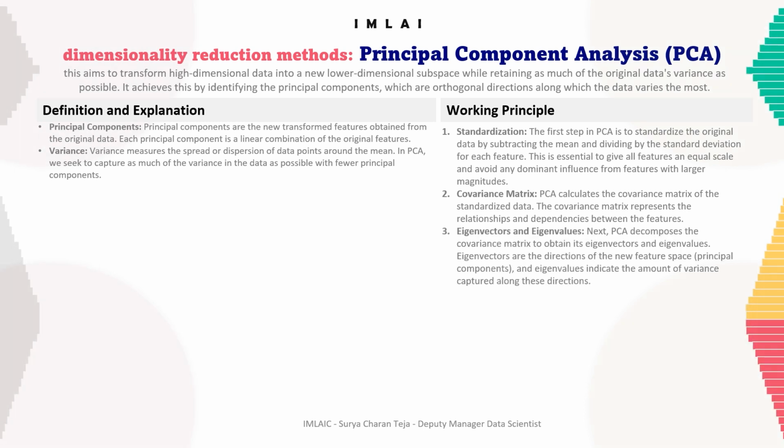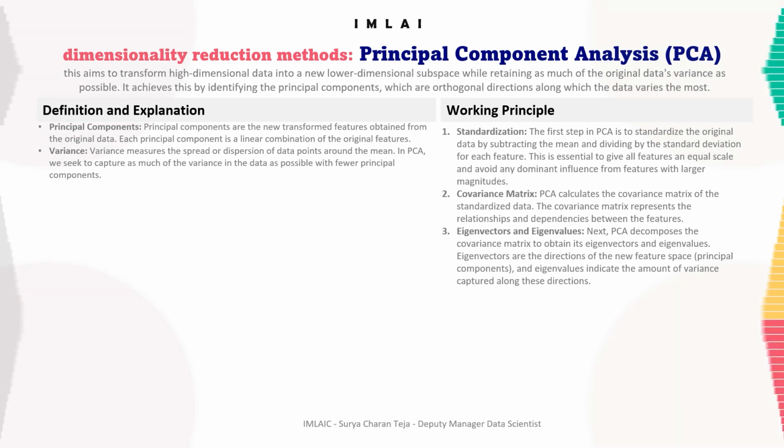That's what eigenvectors and eigenvalues are. So the principal components will give you eigenvectors, and for each eigenvector we'll calculate the eigenvalue. Finally, we will move on to the next step.